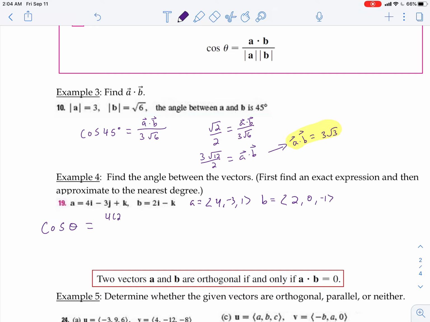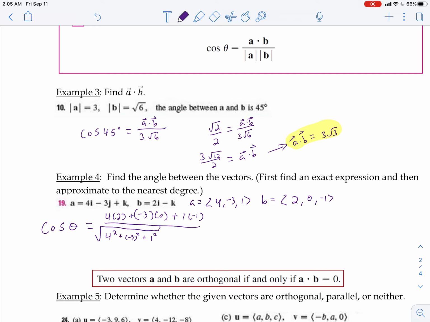So we're going to have 4 times 2 plus -3 times 0 plus 1 times -1 divided by our magnitude of A, which is the square root of 4 squared plus -3 squared plus 1 squared.